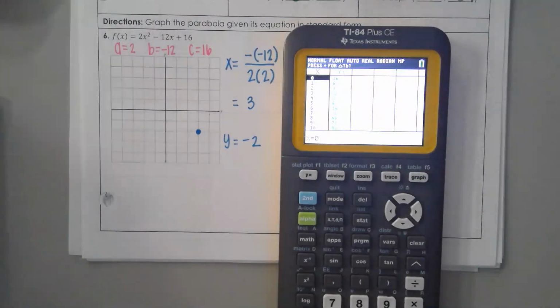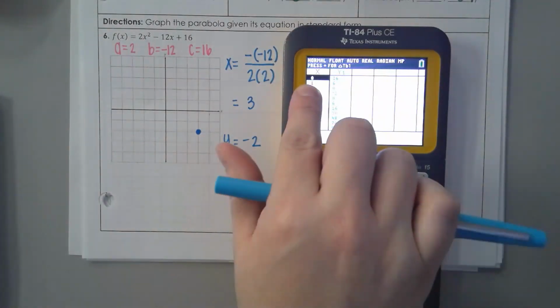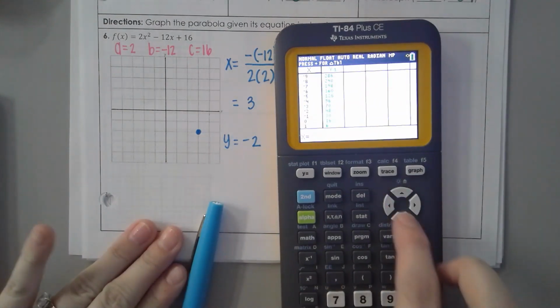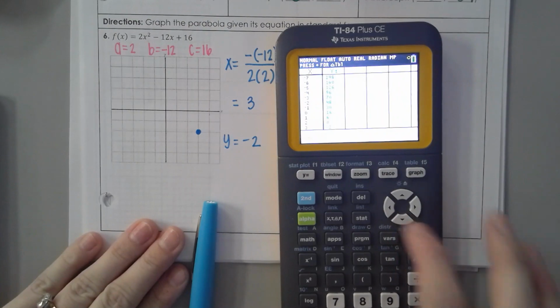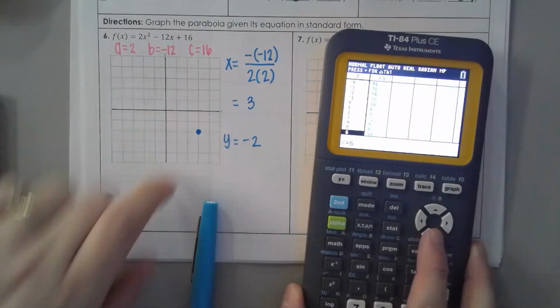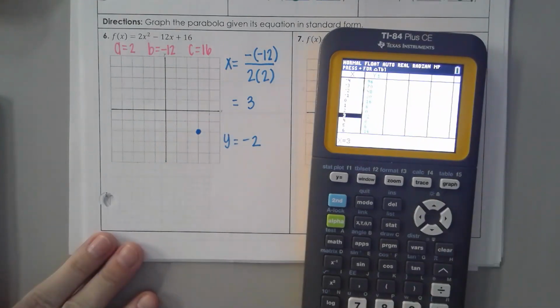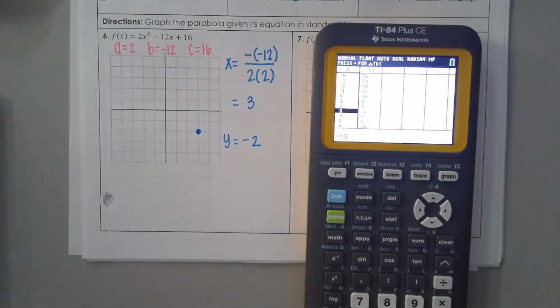My table, when I first got on it, started with an x of 0, but you can scroll up or down forever. It goes infinite numbers. Since my vertex is at 3, -2, I'm going to go to where my vertex is, because that's kind of the center.